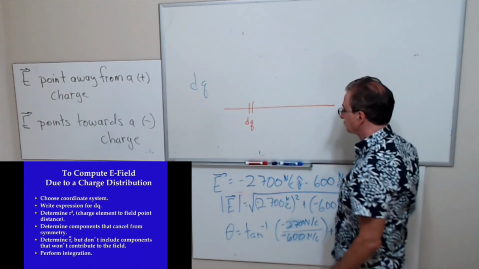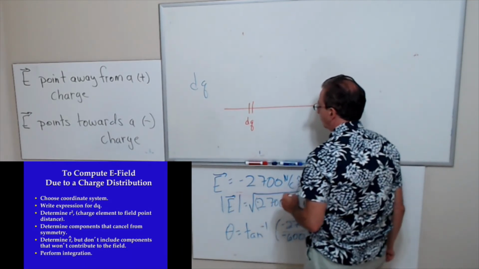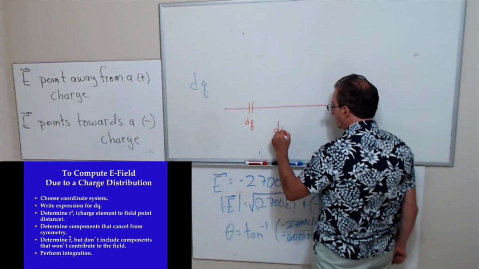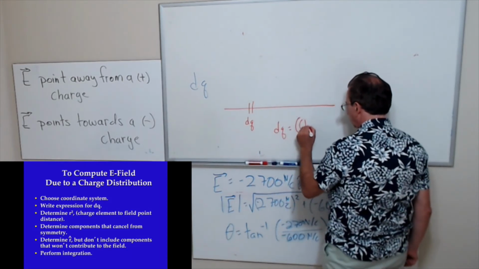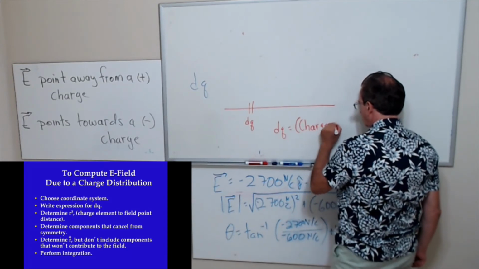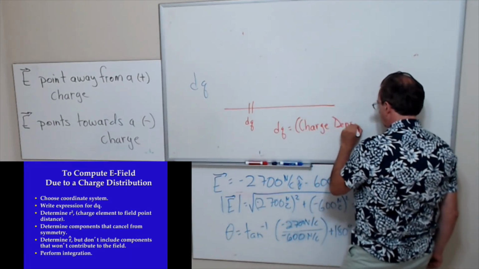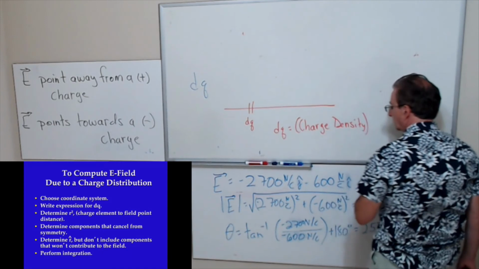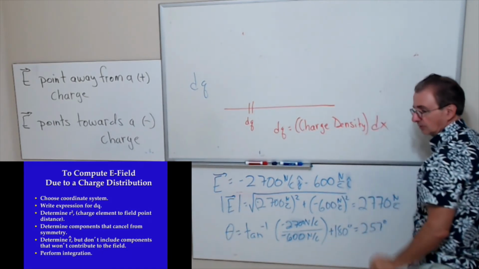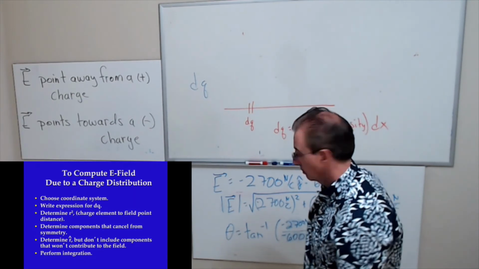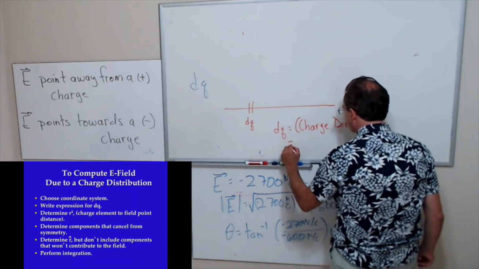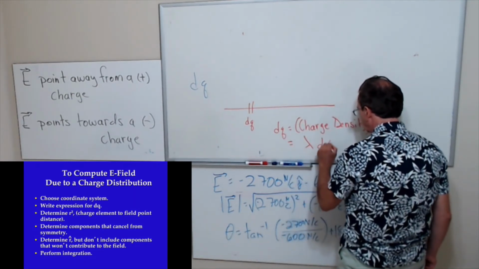Well, isn't it true that the amount of charge in that little piece is the charge density times dx? And I'm going to use the Greek letter lambda to denote that.